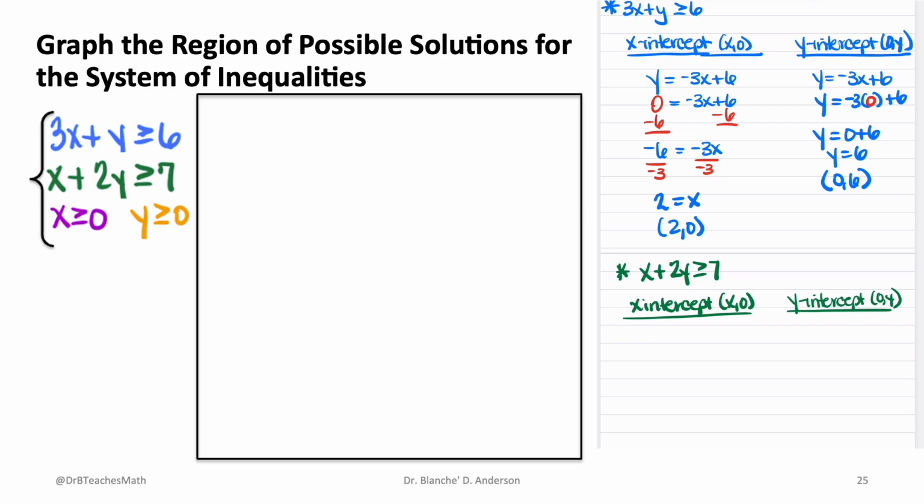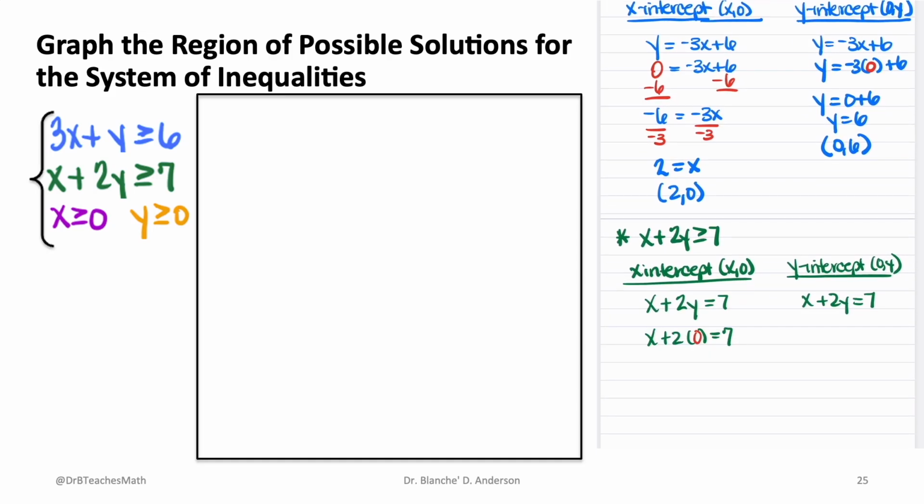I don't want you to think I'm doing anything different, like in a bad way. You can still find it. It's just sometimes it requires more math to move things around, but that's okay. So on this side here, we need y to be 0. Okay. So x is going to be equal to 7. So that's 7, 0. And then over here, we need x to be equal to 0.